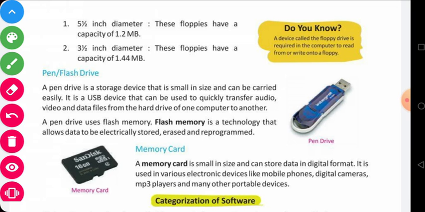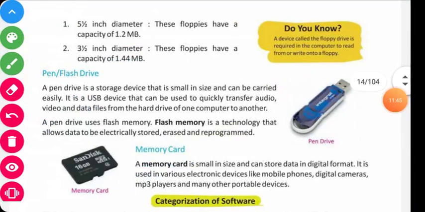A pen drive uses flash memory. Flash memory is a technology that allows data to be electrically stored and erased and reprogrammed. That means in a flash drive we can store the data as well as erase the data. That's why pen drives became very popular, and also it comes in various sizes.